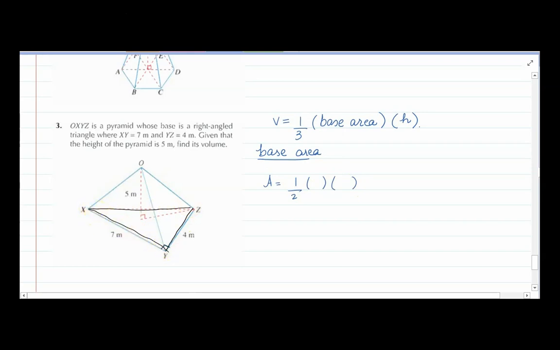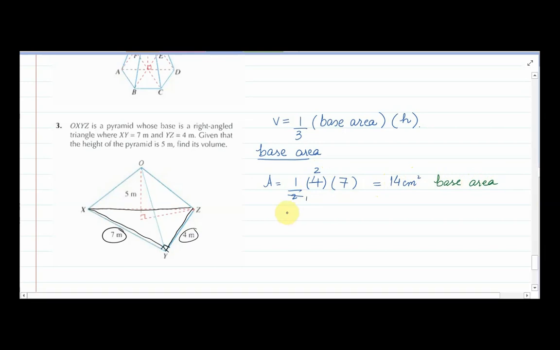It is a right angle triangle. We have the value of base and height. So the value of base is 4. The value of height is 7. 2 1s are 2, 2 2s are 4 and 2 7s are 14 centimeter square, and that is the value of base area.